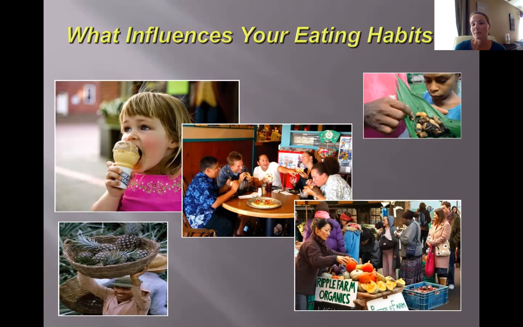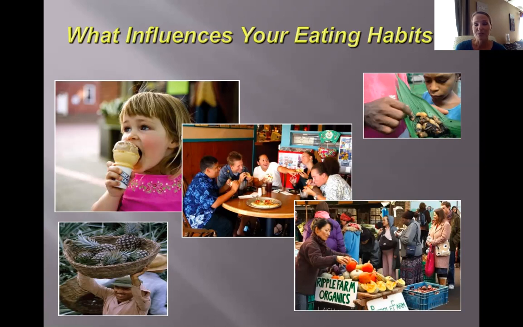But some of you may be impacted by your family's cultural background or ethnic background and what you choose to eat. We have a lot of things that influence our eating habits, including the media and what we see on social media, online, and even on TV.